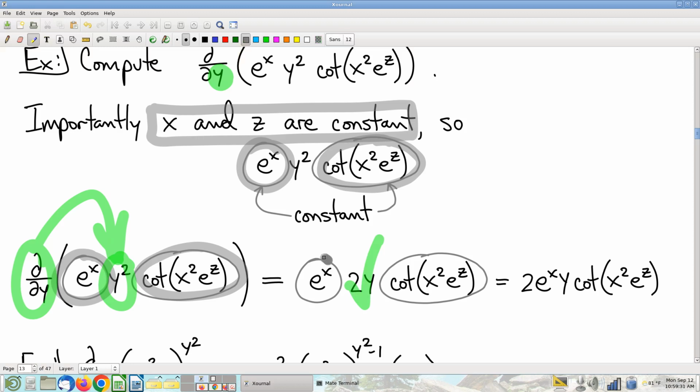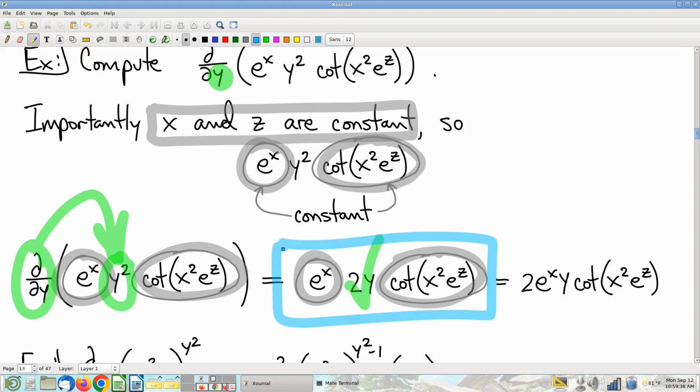Yeah, those come along for the ride. They stay there. And so your answer is all of that. And then decide for yourself how you want to write that. I think it makes sense, just aesthetically, to bring that 2 out to the front. Just kind of looks better that way. And there you go. There's that y partial. Anybody see how that works?